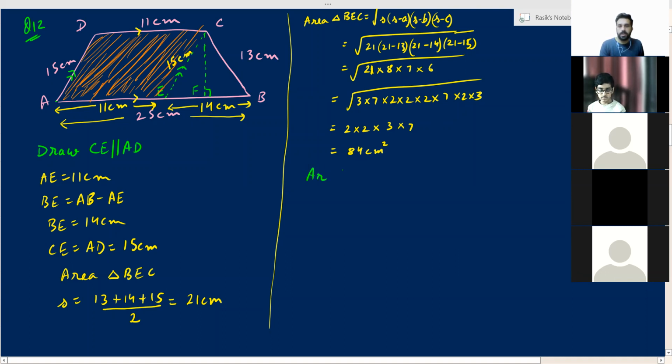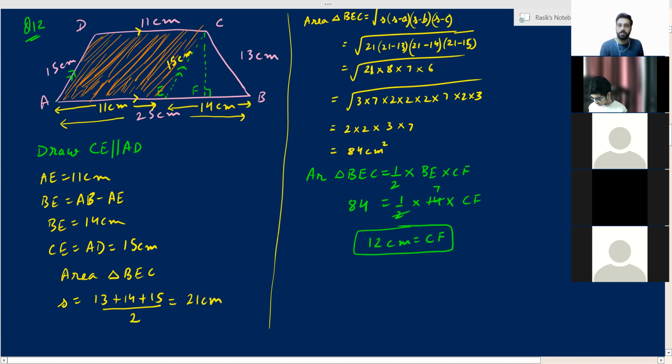So, area of triangle BEC, using the first formula, is half into base into height. Base is BE, height is CF. So half into BE, which is 14. CF is not given, but the area of BEC we have just calculated: it is 84. 84 divided by 7 is 12. 12 centimeters is the length of CF. We have got the height of the trapezium.